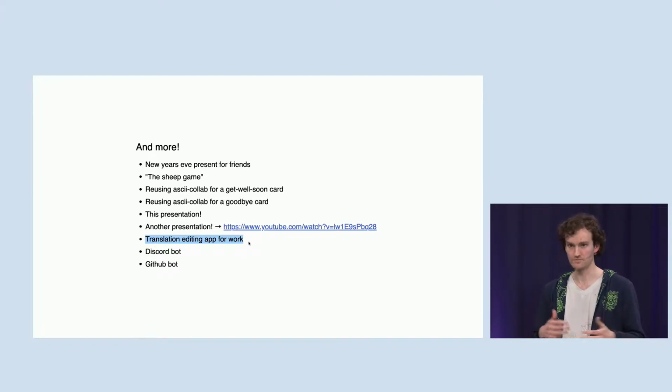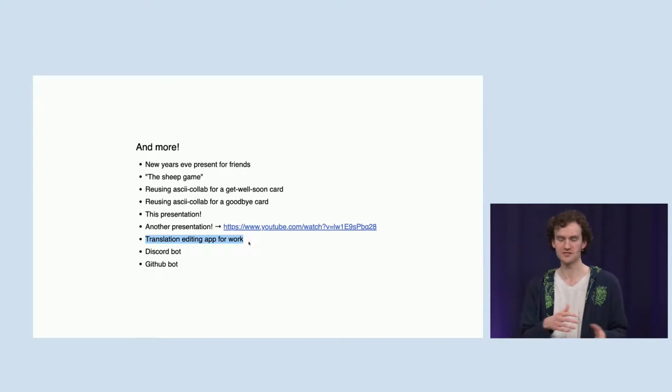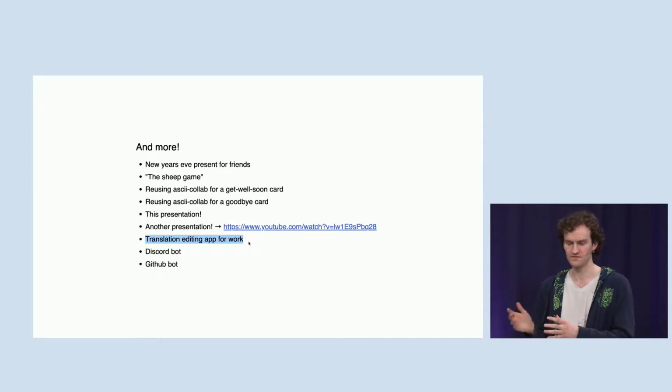So we need market specific translations for this app, which means that we need to somehow get all of the translations out of our code to a translator. So typically, you put them in a spreadsheet, give the spreadsheet to the translator. The translator will give you back the spreadsheet with another column filled with the translations. And then you, by hand, need to take all those translations and put them in the right places.